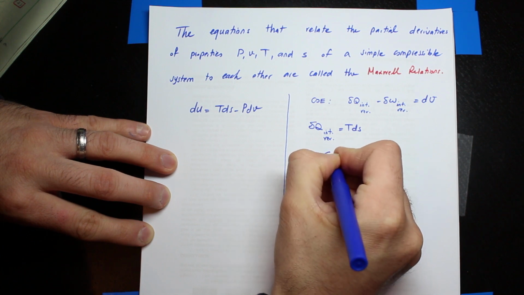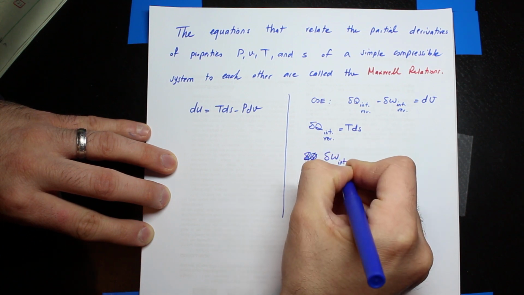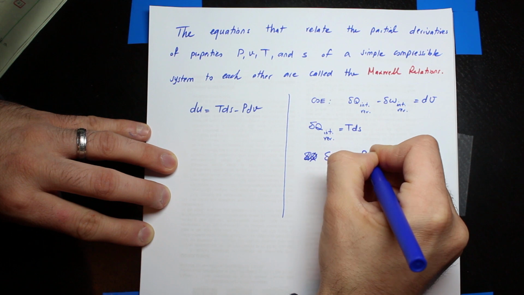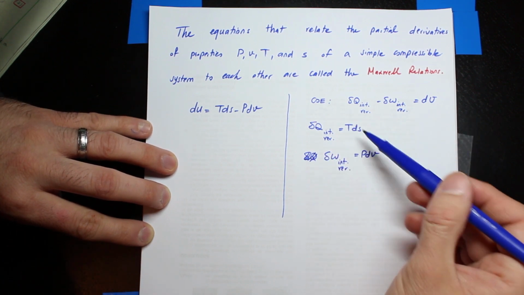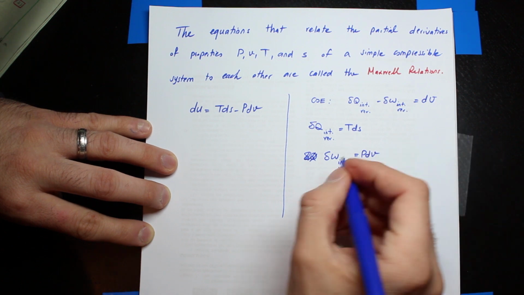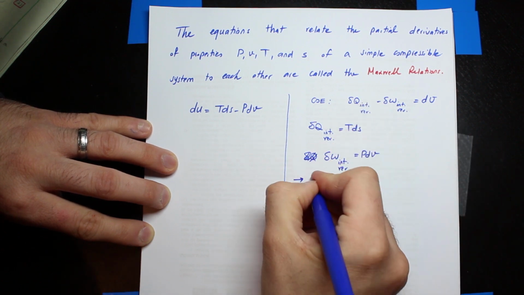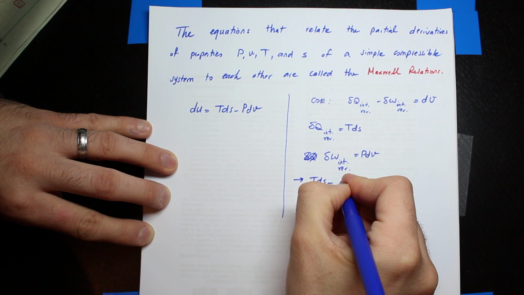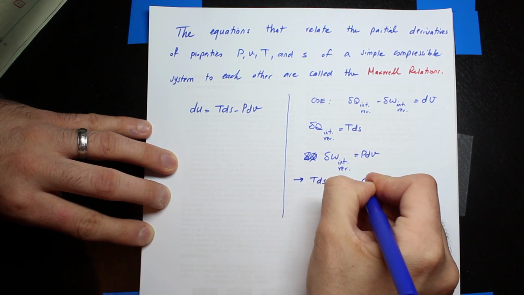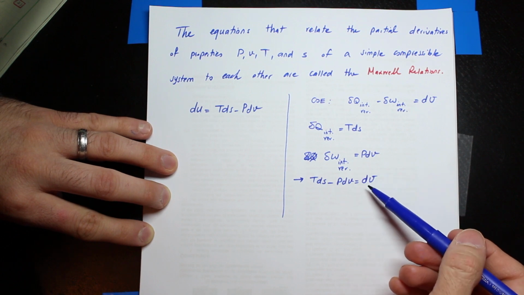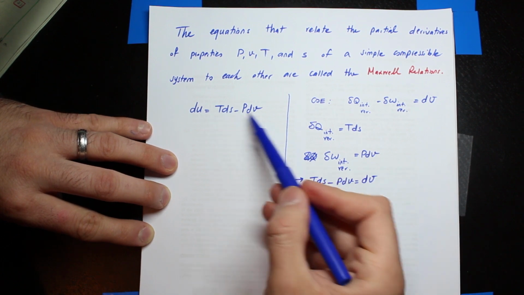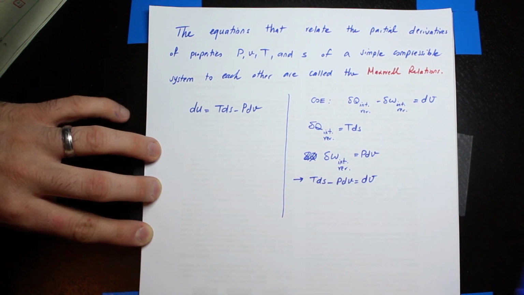Delta W for an internally reversible condition is PdV. Okay, so if I combine all these equations here, I can say TdS minus PdV is equal to du. So basically du is equal to TdS minus PdV. This is exactly what I have here.